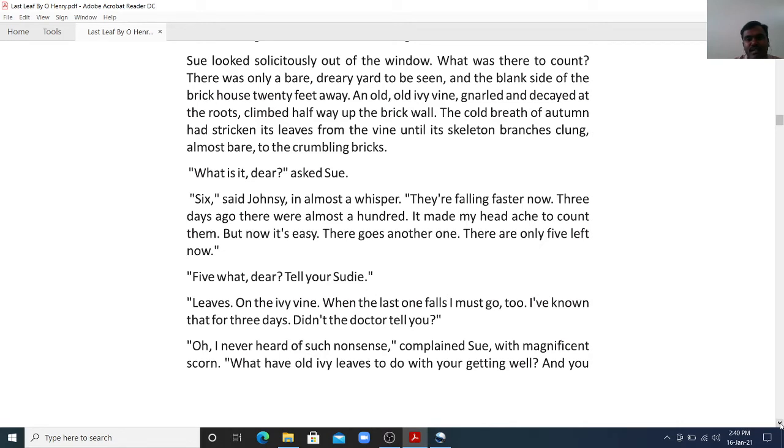So it had climbed halfway. I mean, it had not climbed fully on top of the wall.